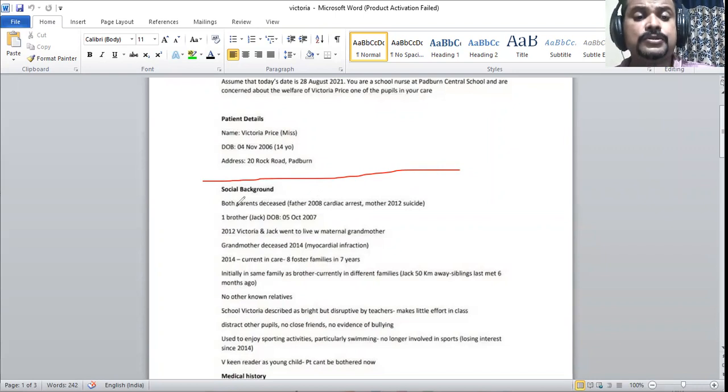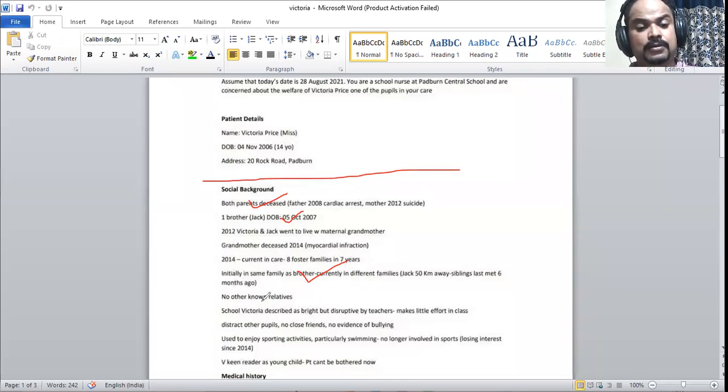She knows Victoria's parents are no more. She knows Victoria has a brother whose name is Jack. She knows that they both are living together in foster care, separate foster care.